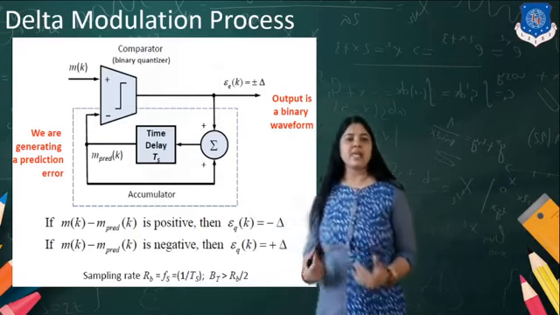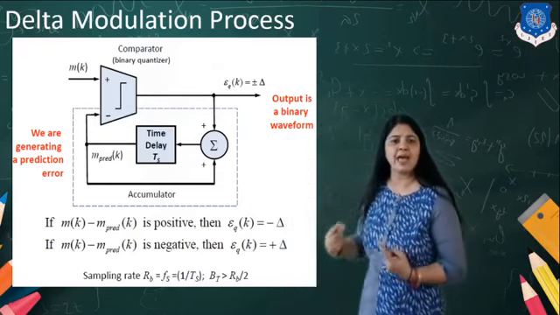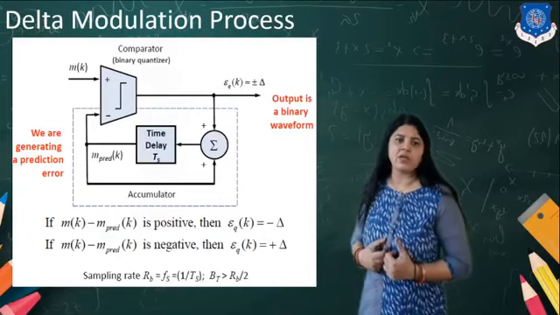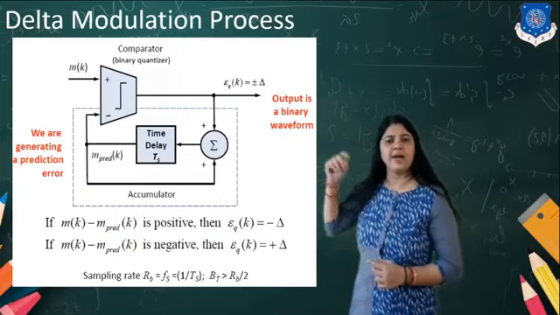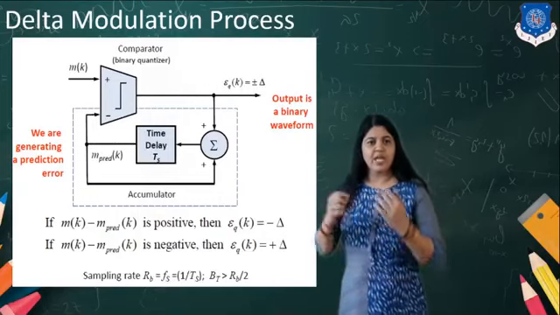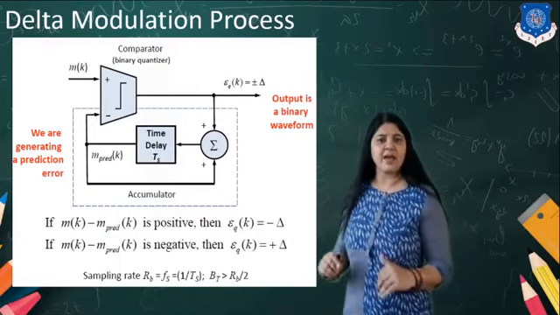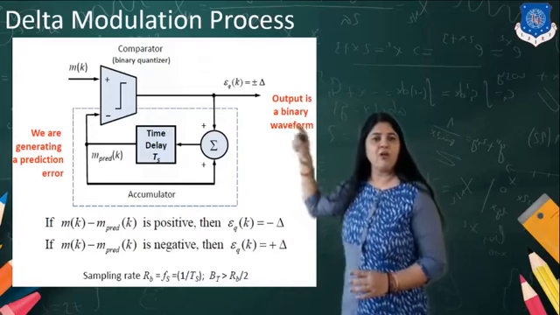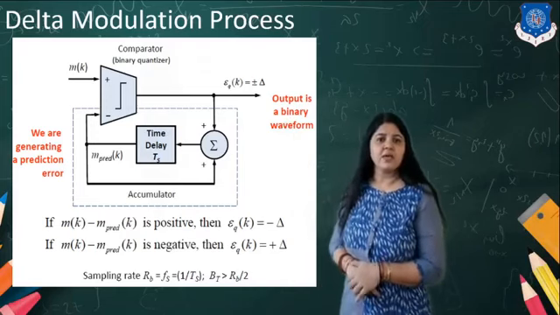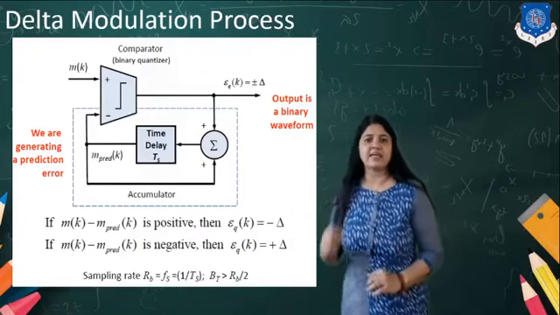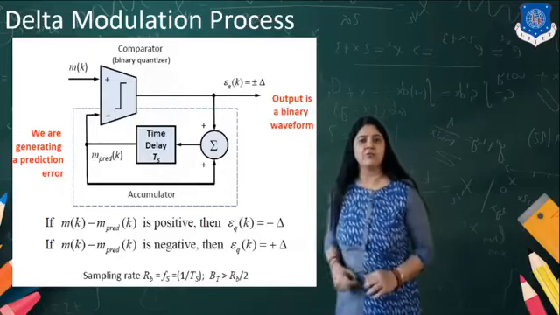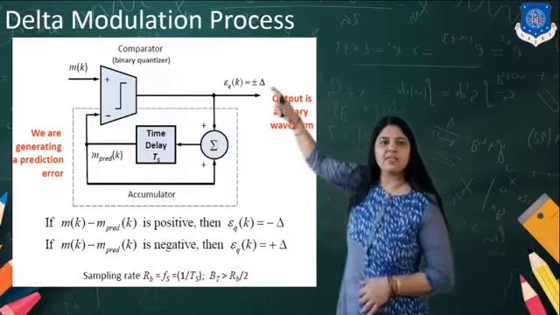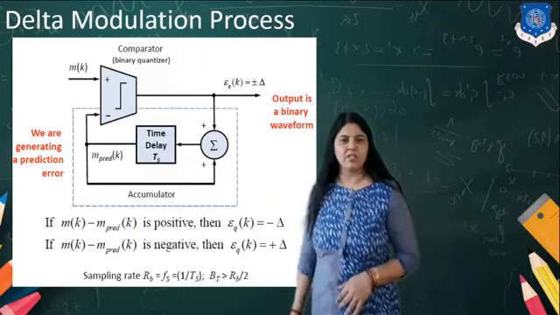The comparator has two inputs, one is m(k), another one is m predict of k. Now the comparator will generate the output. If m(k) is greater than m predict of k, then the output generated by the binary quantizer is 1, and here we have the plus 1 output, the plus delta output. Now it is given to this particular block.